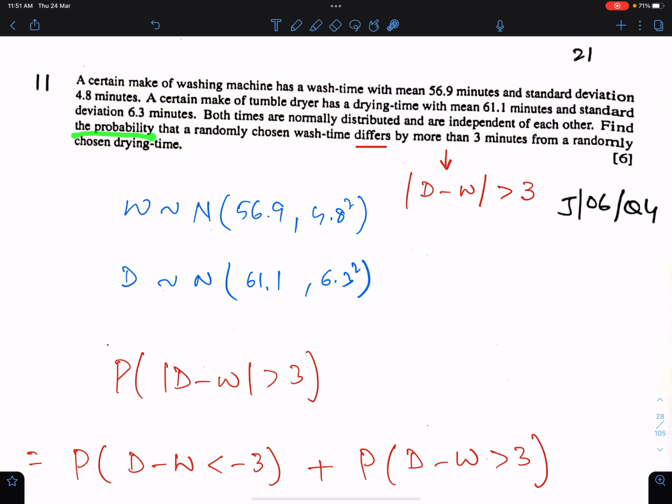Find the probability that a randomly chosen wash time differs, and differs means modulus. So the word differs means modulus. More than 3 means this thing. So we need this probability.